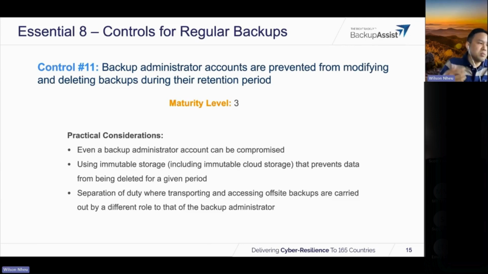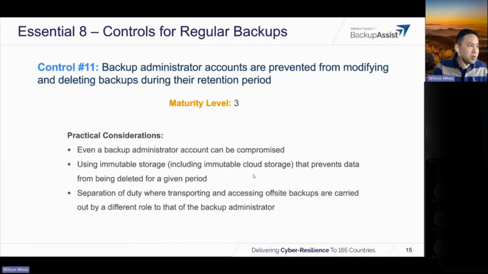In other words, there needs to be a formal process for a backup administrator to access backups that are off-site, for example, therefore preventing them from being able to delete them. So there are just two ways to consider on how to achieve this control.